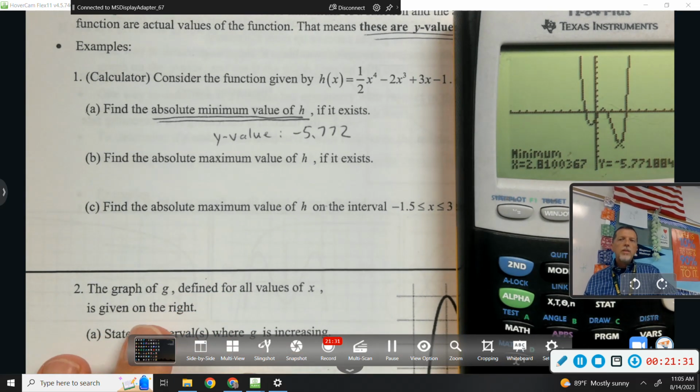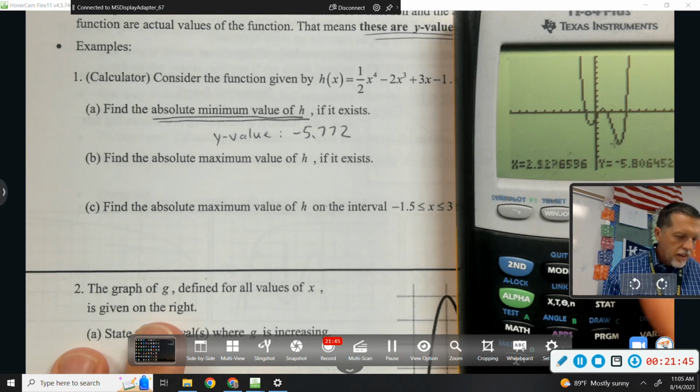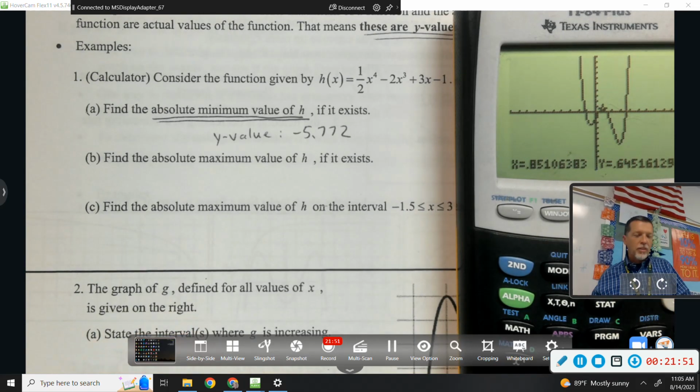What about the absolute maximum value of h? What do you think? Is it the top of this hill right here? Nope, because there's maximums that are bigger than that.